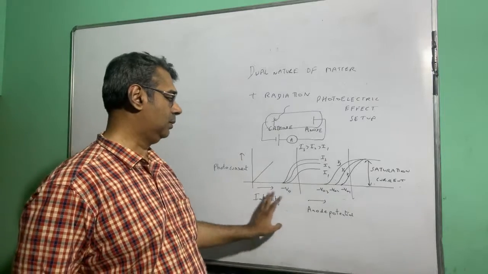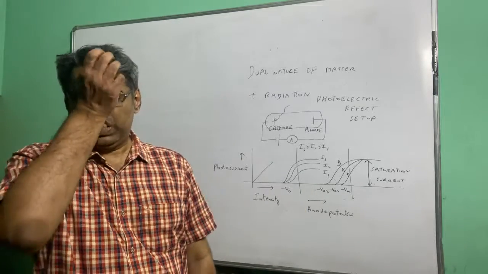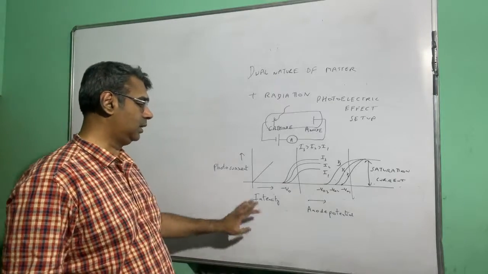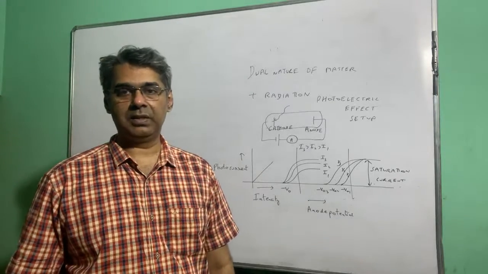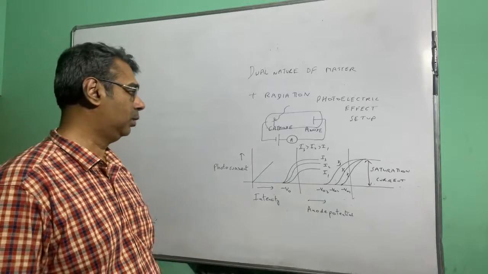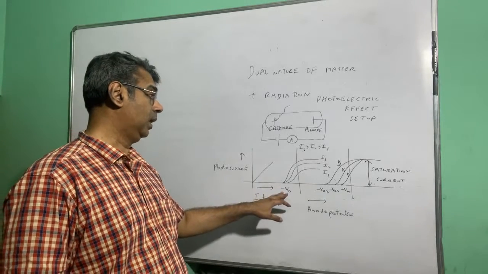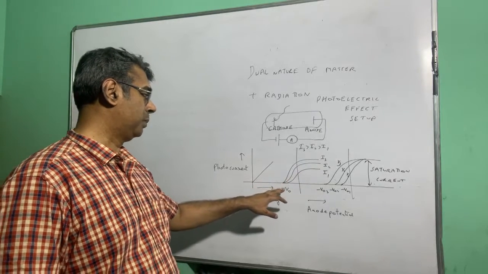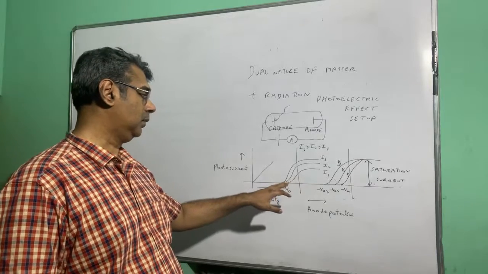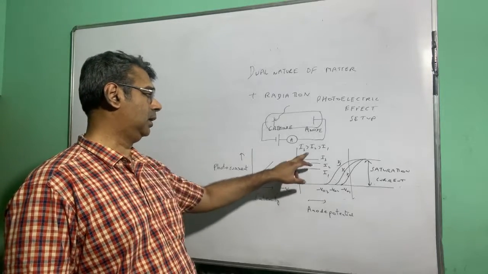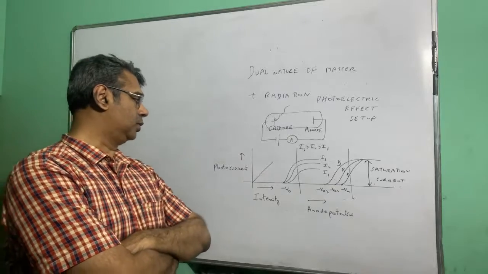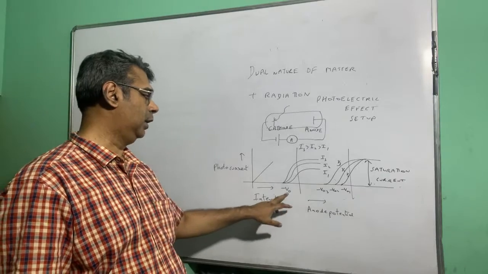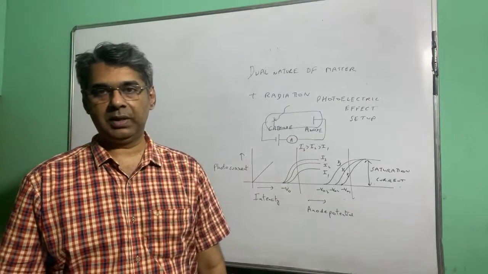From graph number 1 and graph number 2, what did we learn? We learned two things. One is that the photocurrent is proportional to intensity. If the intensity of the photon beam is more, photocurrent will be more. And the other is that the stopping potential does not depend on intensity.